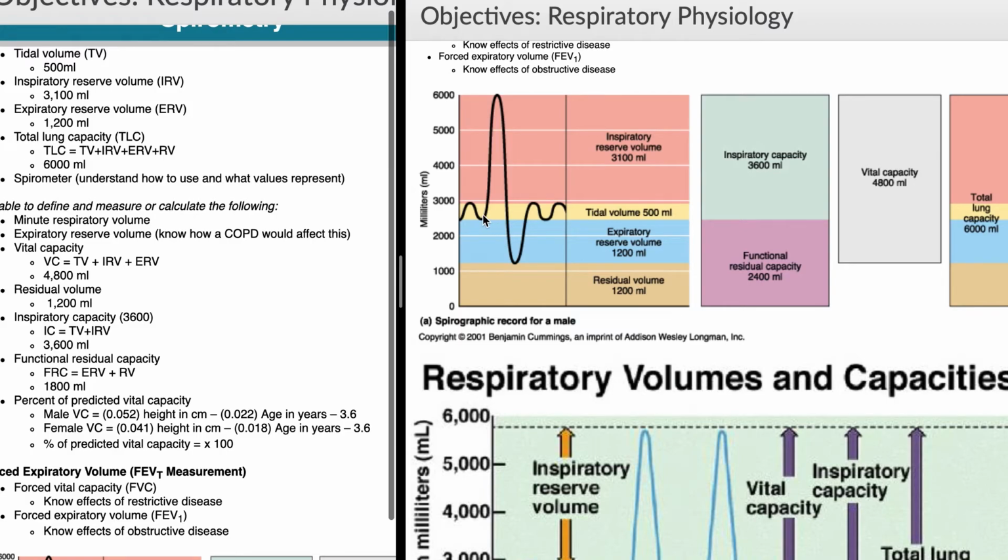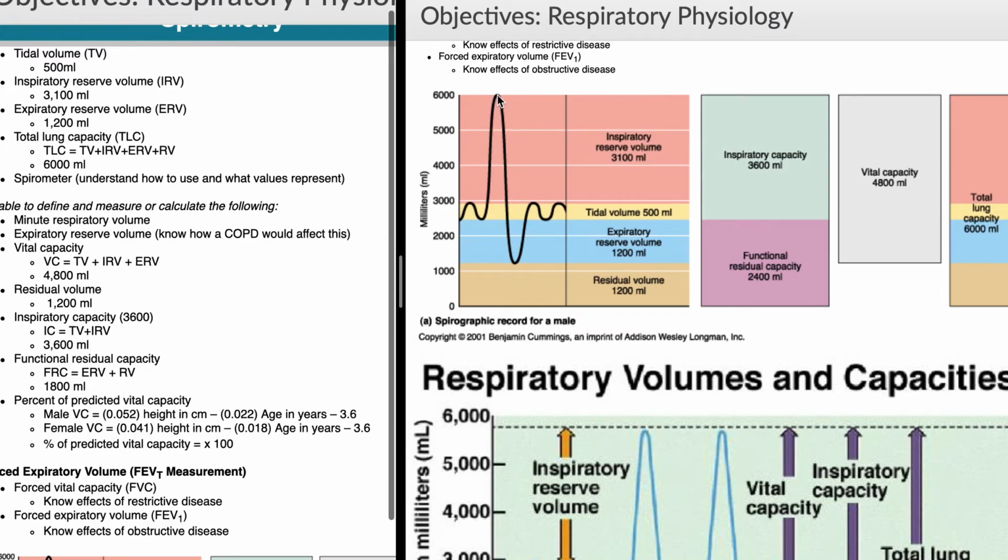Then sometimes, though, as we know, we need to take a big breath in. So let's say you're sitting here and you've breathed out that 500 milliliters, and now you take a big maximum breath in, as much as you could possibly fill into your lungs, all the way up to as high as you could go.